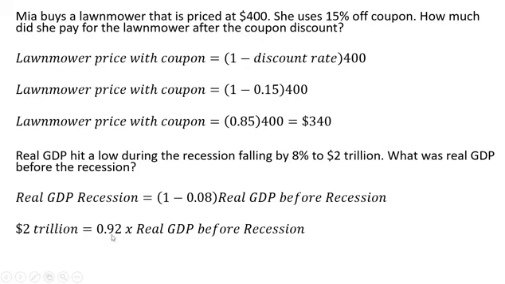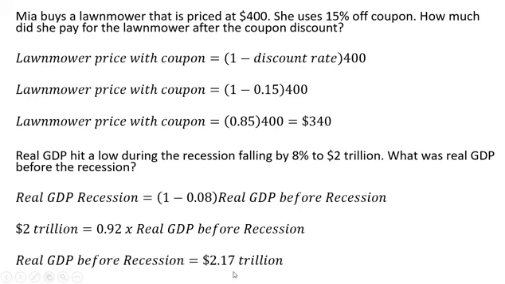During the recession, real GDP is $2 trillion. It fell 8%, so 0.92 times real GDP before the recession. Dividing everything through by 0.92, real GDP before the recession was $2.17 trillion.